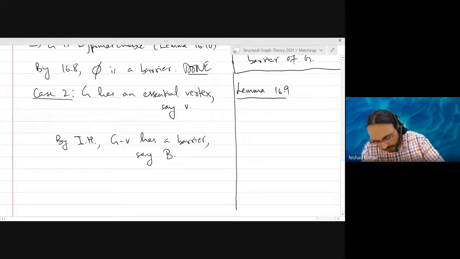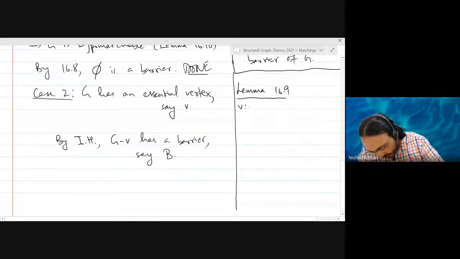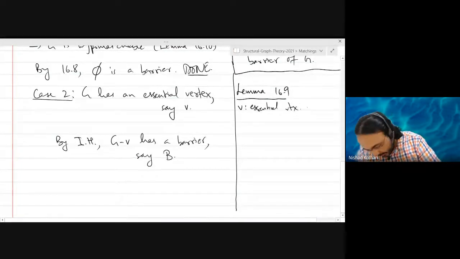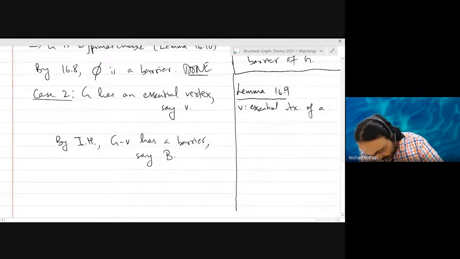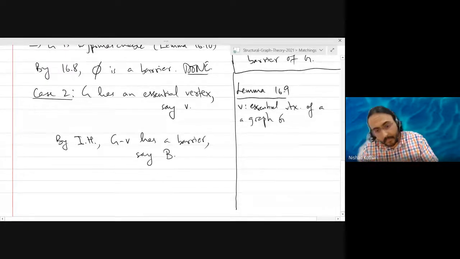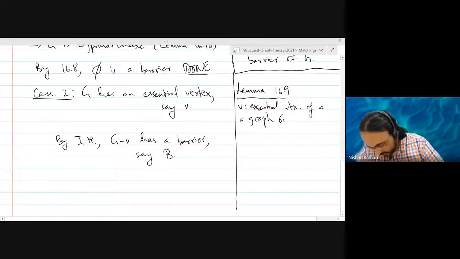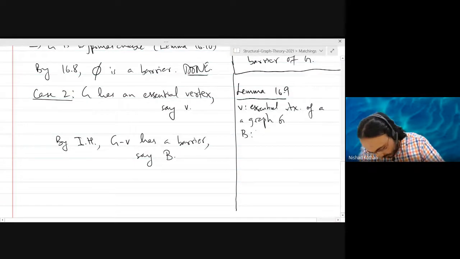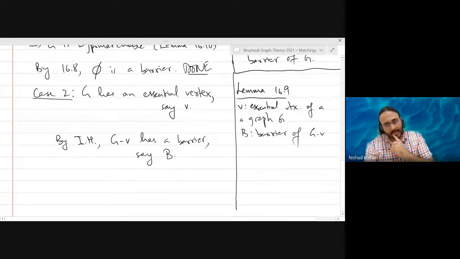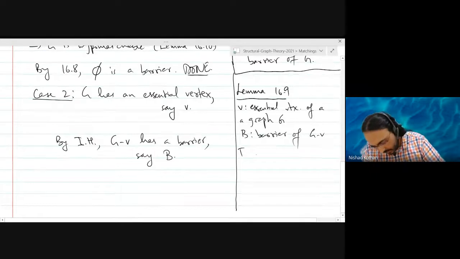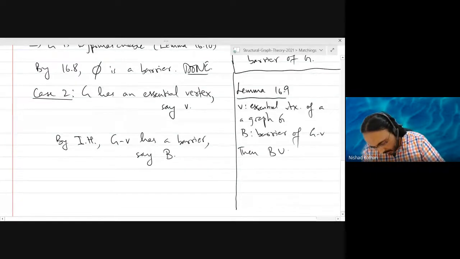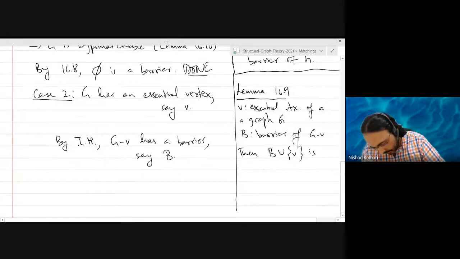Okay, so V is an essential vertex of any graph G, and B is a barrier of G minus V. Then we claim that B union V is a barrier in the original graph.